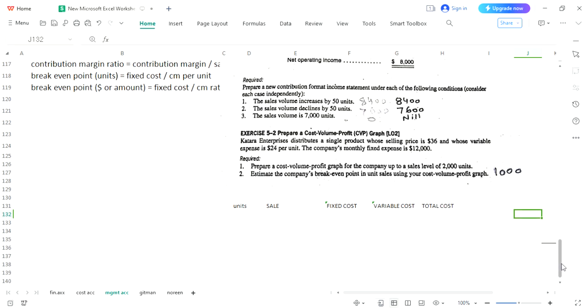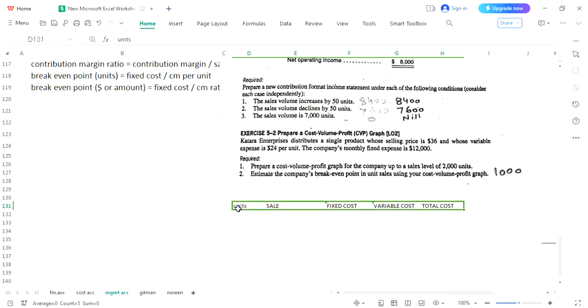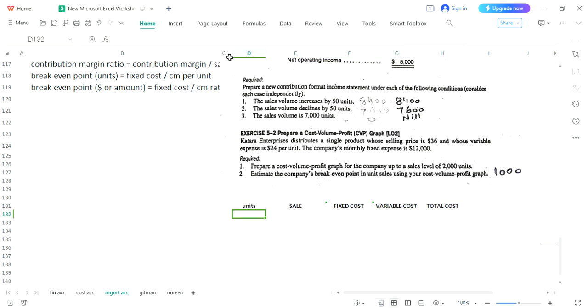Okay, since he is saying to make a graph for 2000 units, few units we will take which are less than 2000 and few units which are more than 2000. It is the method of making a graph. Right now we will be related with these sorts of things, and you will come to know how to do this graph. So 2000 units is his requirement.